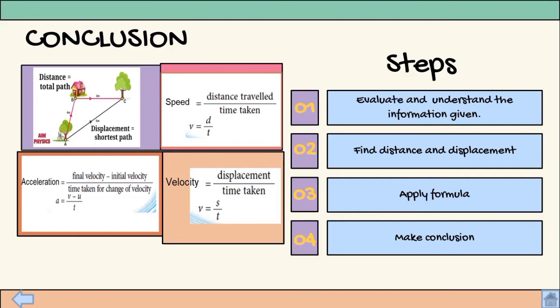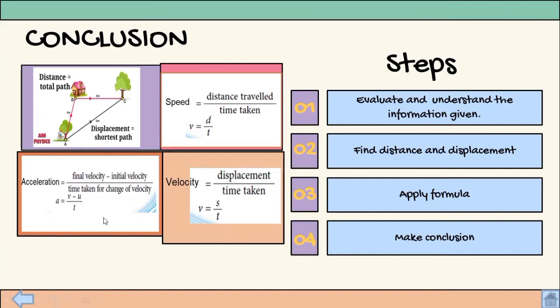Will the marks be deducted if we do not write the unit? Yes, in physics, the unit is very important, so you need to write the unit correctly. For speed, the unit is meter per second. For velocity, sorry, for velocity the unit is also meter per second.